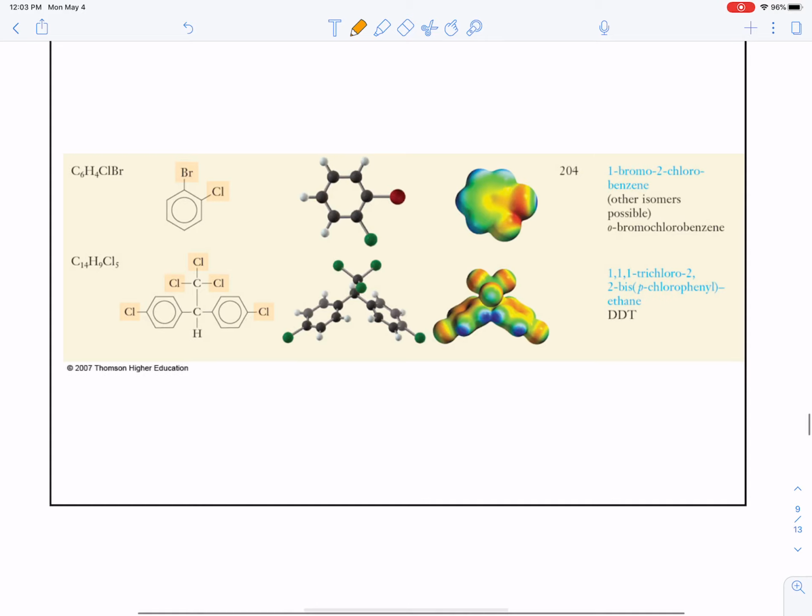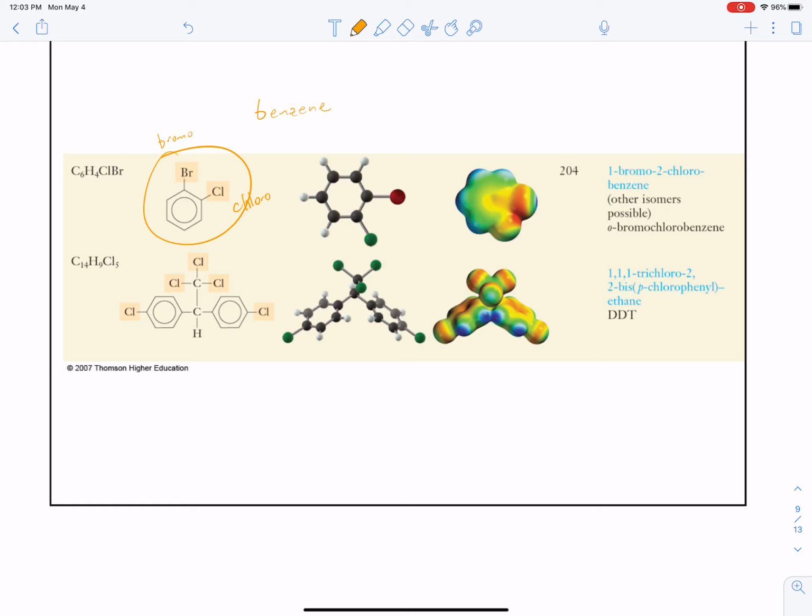So this benzene that we see right here at the left, with a bromine and a chlorine, the way you would name that is you would call it a benzene because that's the longest carbon chain. That's the parent, right? And then you have a bromobenzene, and you have a chlorobenzene. But which one's number one?